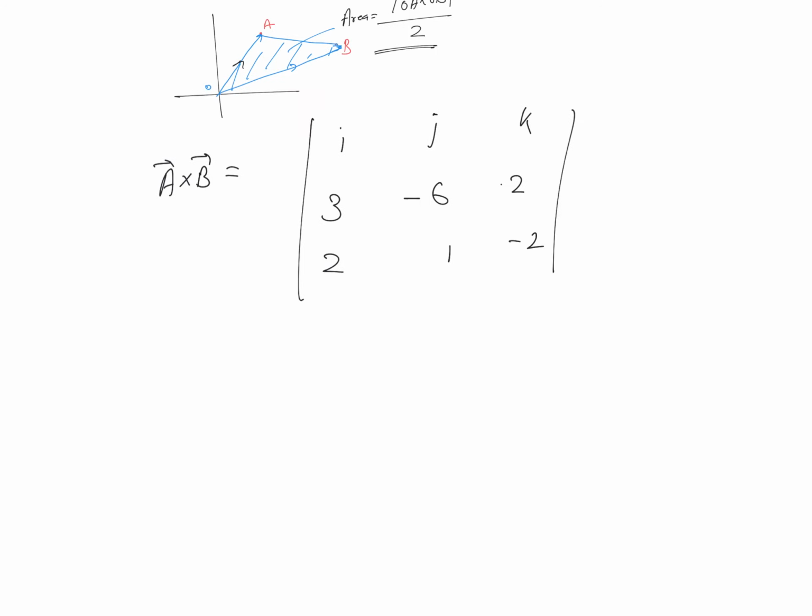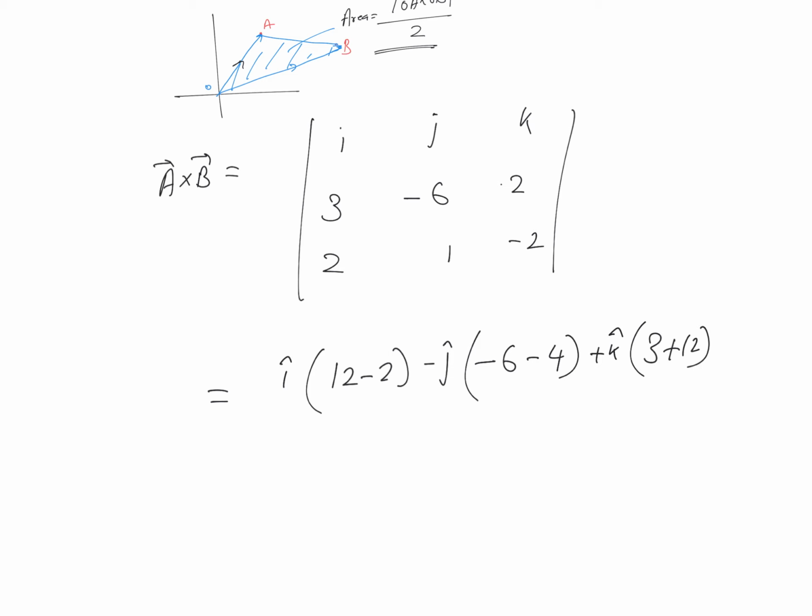Now if you are taking their cross product, we can write this as i cap into, you can observe that this is 6 into minus 2, which is going to be minus 12, minus 2 into 1, this is going to be 2, minus j cap into, we can observe that 3 into minus 2, that is minus 6, minus 2 into 2, that is 4, plus k cap into, we can observe that 3 into 1, which is 3, minus minus 6 into 2, which is minus 12. So we can write this is going to be plus 12.